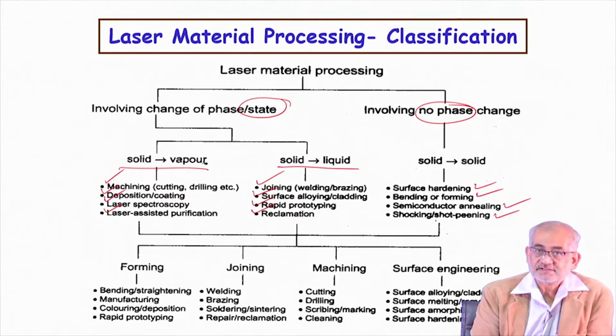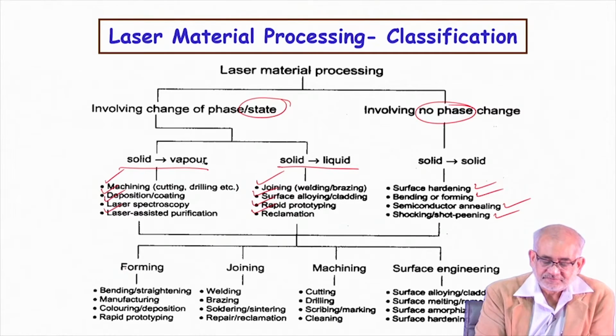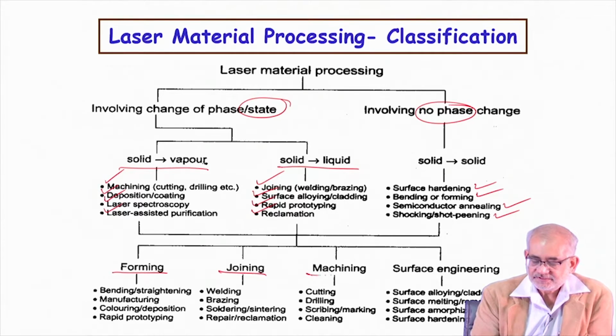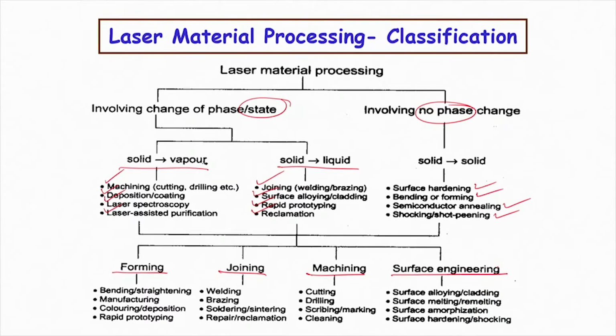To be more precise, in various forms of manufacturing applications, we should think of forming, joining, machining, and surfacing as the four major classes of laser material processing that are very routinely exploited in engineering.